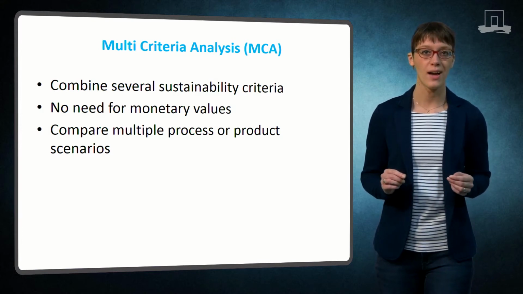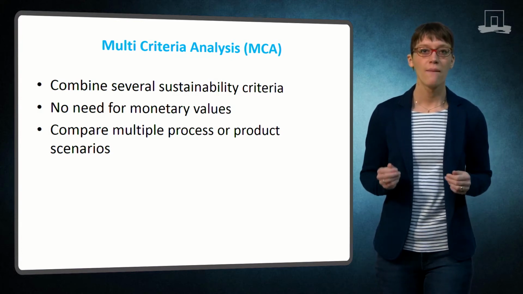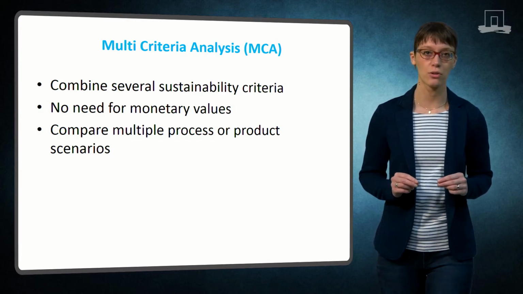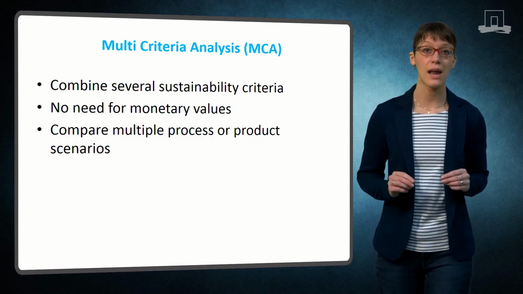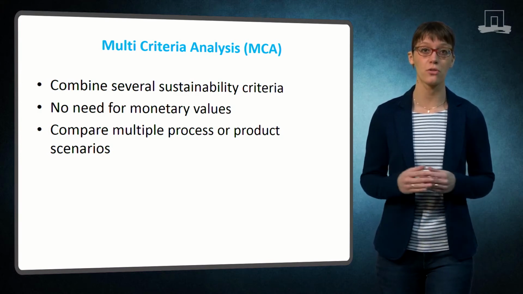For example, how do you express biodiversity in monetary values? The price or value can also be different in views of different stakeholders. Another advantage of MCA is that it allows comparison of multiple bio-based processes or products.